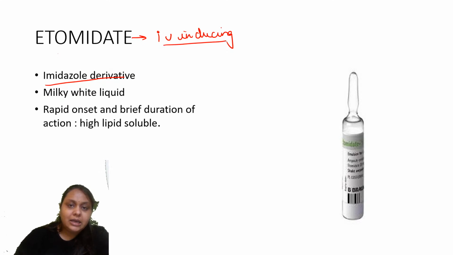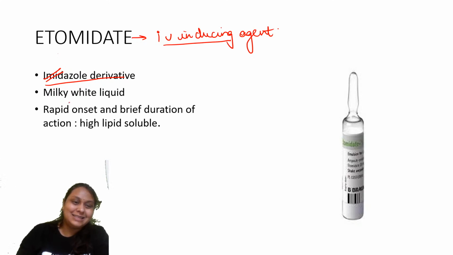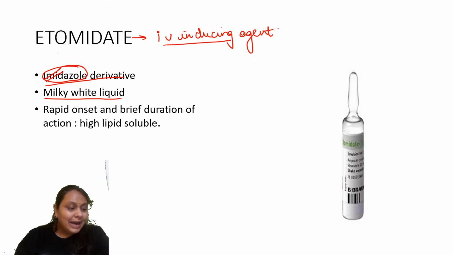It is an IV induction agent, which is an imidazole derivative. Then yes, if both A and C are the correct option, then yes, it will be D. But listen, remember about etomidate, it is an imidazole derivative. It is a milky white liquid, same as propofol.